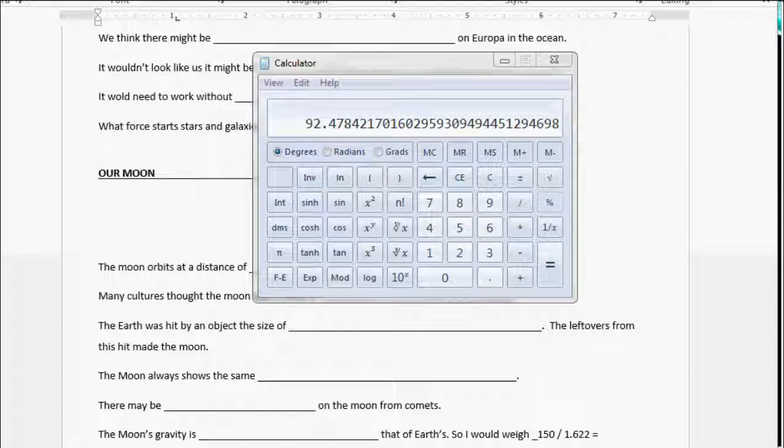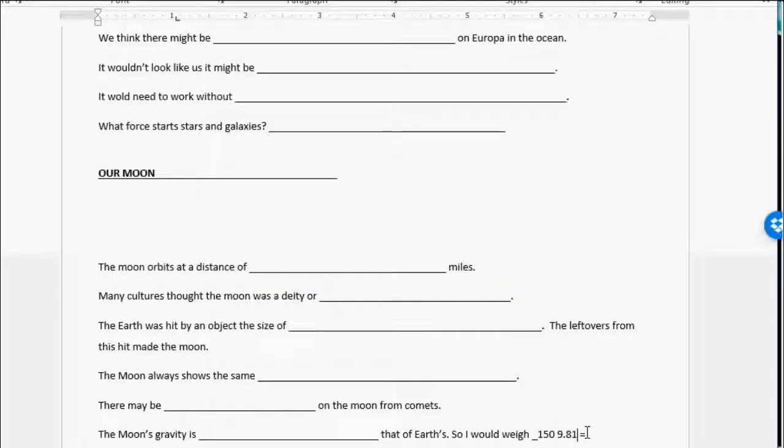No, I think I did that wrong. Actually, what you would need to do is divide it by Earth's gravitational constant. Alright, so let's put that in parentheses because then we're going to multiply it by the moon's gravitational constant. And multiply by 1.622.